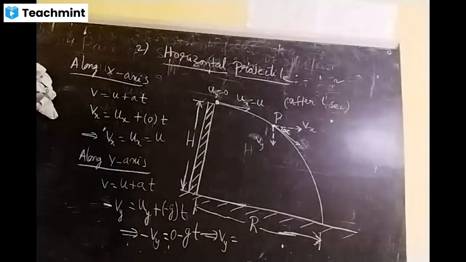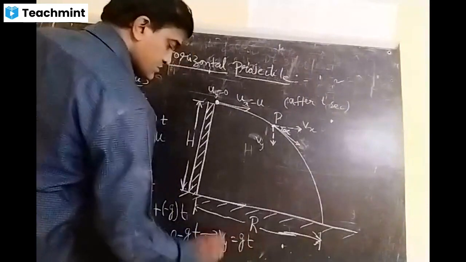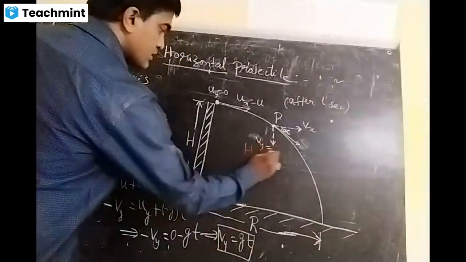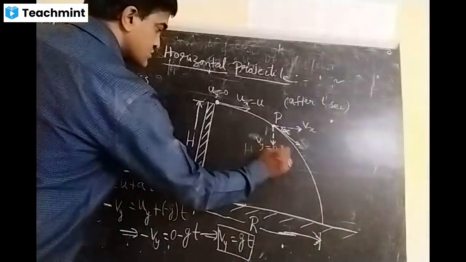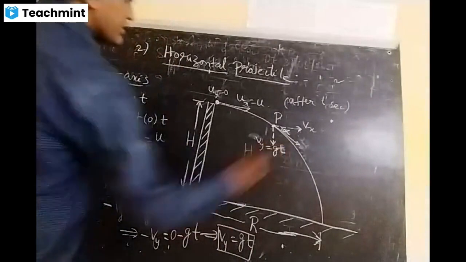Minus gt. But minus, minus cancelled. So Vy is equal to plus gt. So the Vy value we are getting is gt.